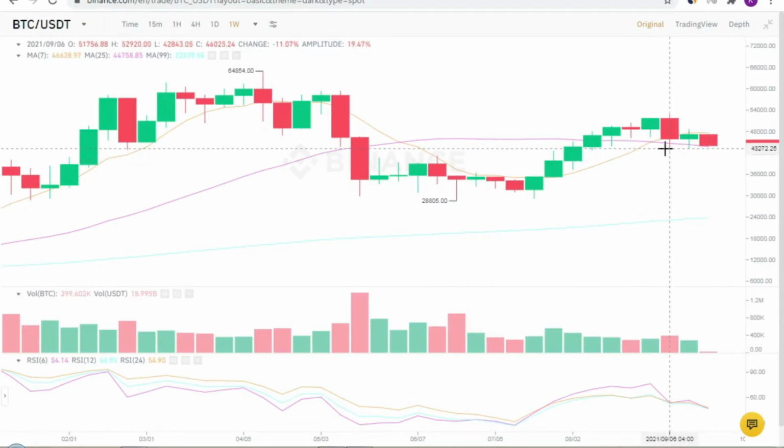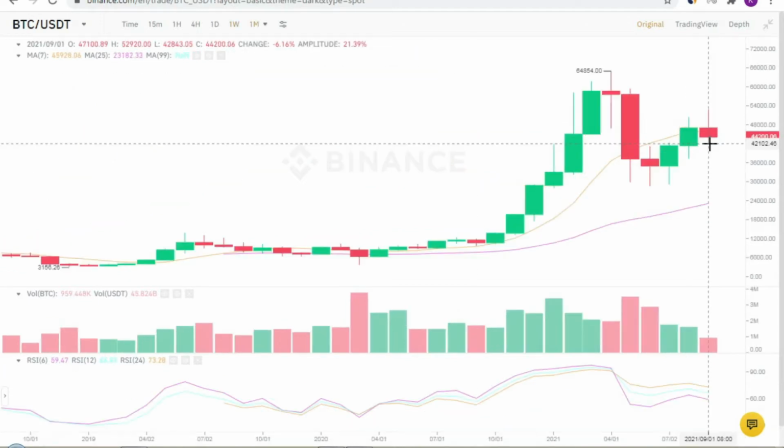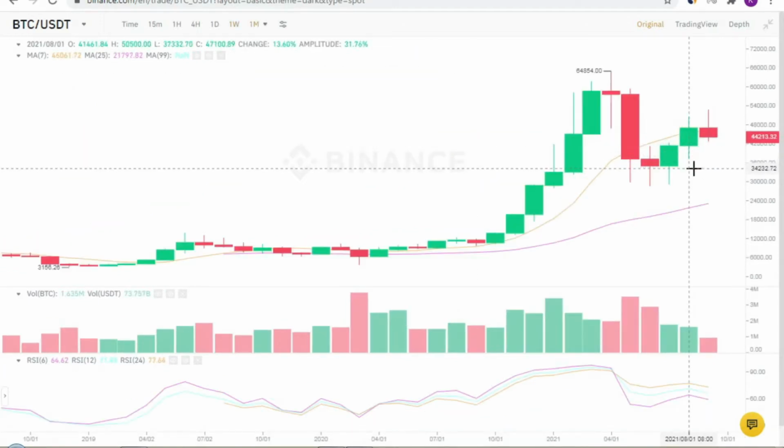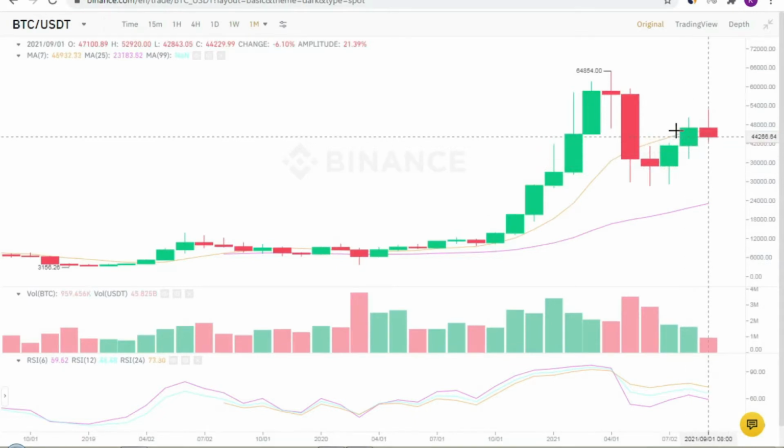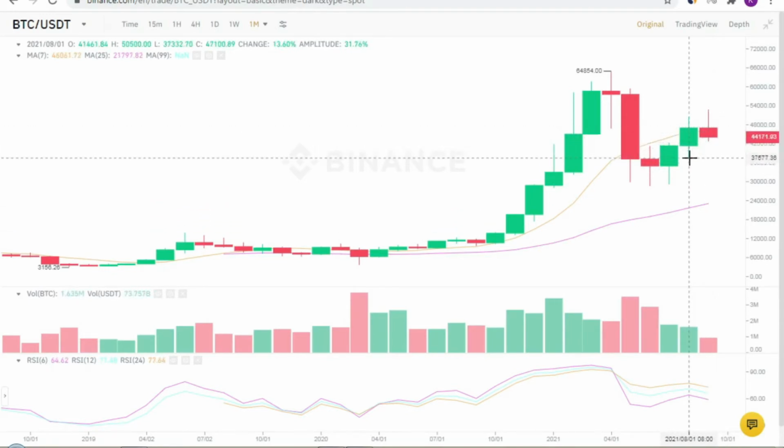Every candle here represents 1 week of price action, so 4 candles will represent 1 month. Unlike here, where 1 candle represents 1 month. So when we zoom in, 4 candles will represent 1 candle here. So 1 candle here will be broken down into 4, telling us what was going on in each week of that month.